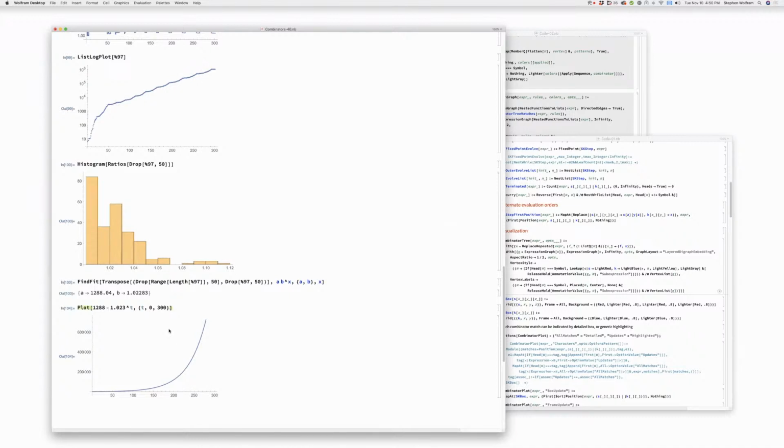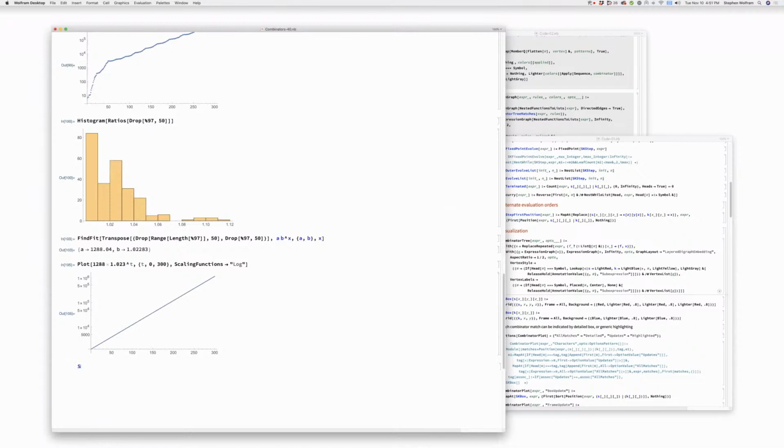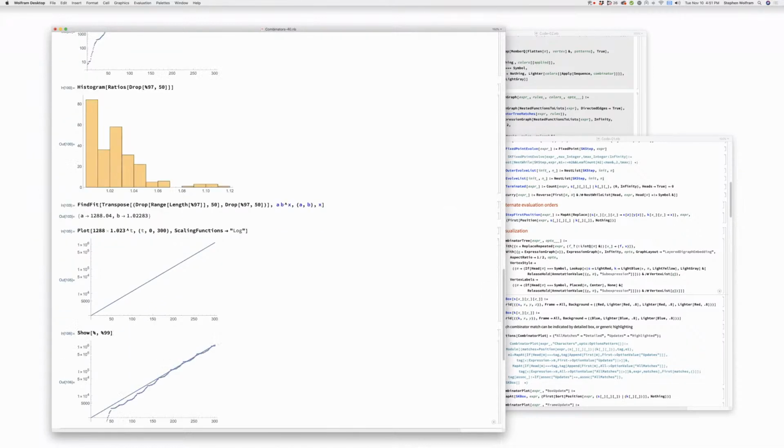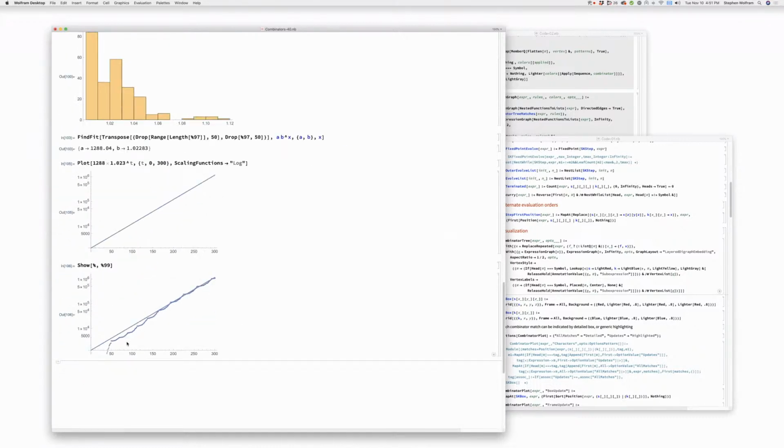Never mind. Okay, so now let's combine that with line 99. Well, that's interesting that it seems to be changing its slope. It's a little bit scary.